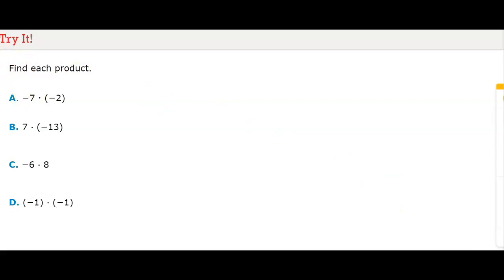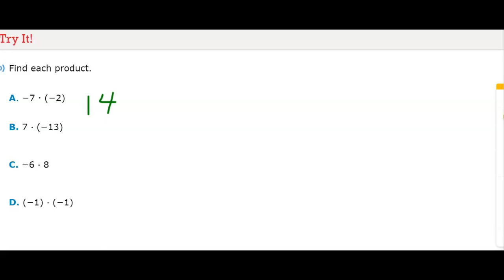Find each product. So we'll do 2 of these. The first one is negative 7 times negative 2. As we just learned, a negative times a negative is equal to a positive. So 7 times 2 is 14. So that's the answer for A. B is 7 times negative 13.